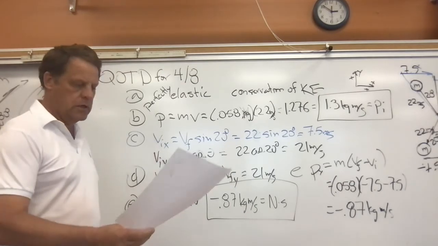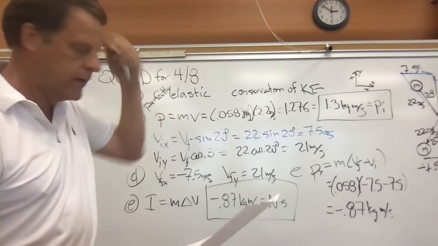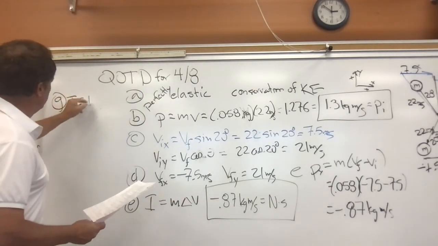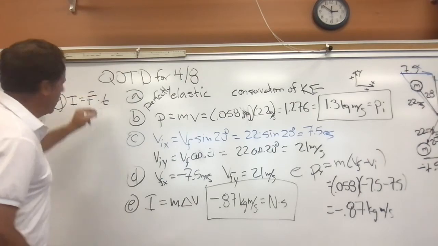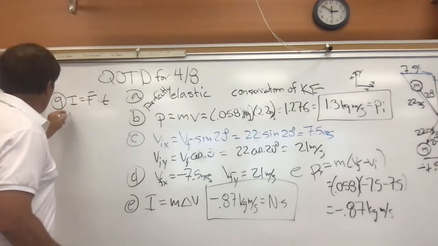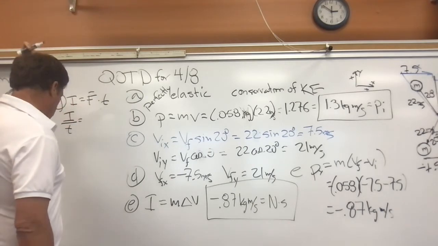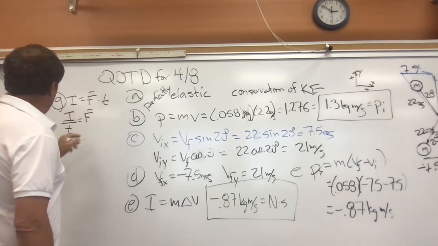G, calculate the average force. Okay, so G, impulse is equal to the average force times time. So impulse divided by time is equal to average force.